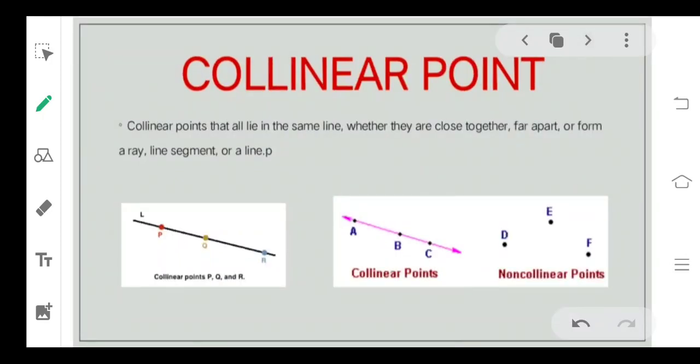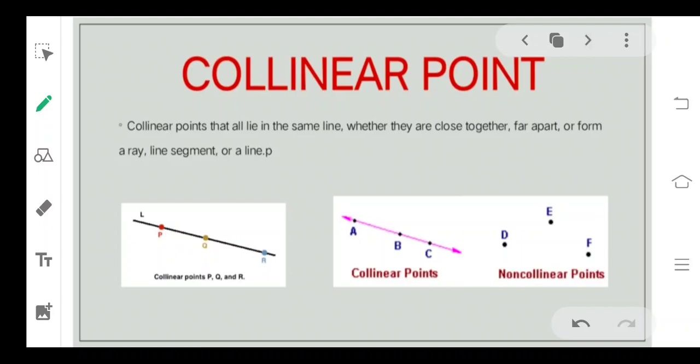Now we are going to learn about collinear points. Collinear points all lie on the same line, whether they are close together, far apart, or from a ray, line segment, or a line. Students, if three or more points lie on the same straight line, they are called collinear points.